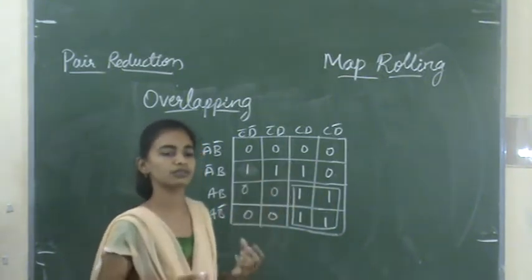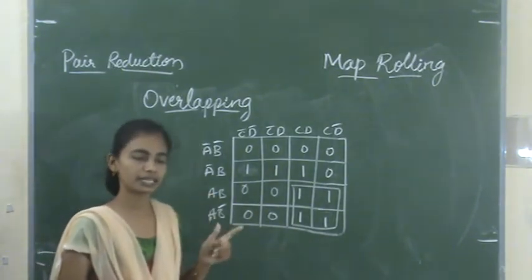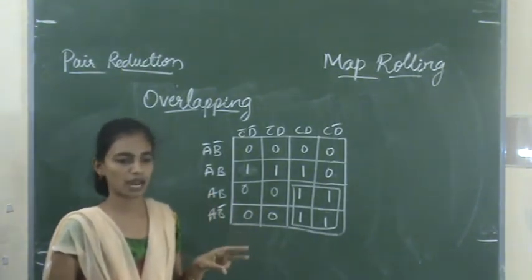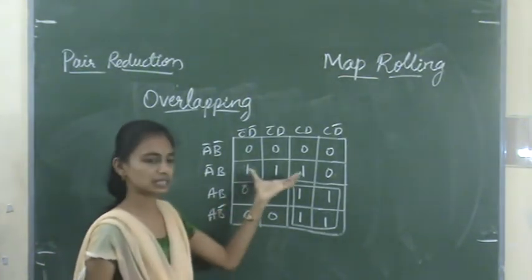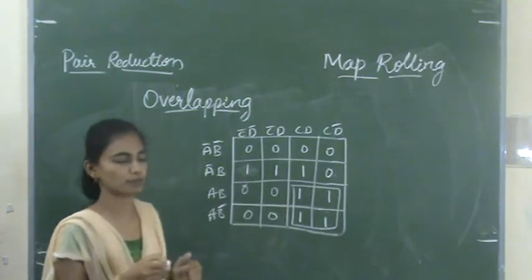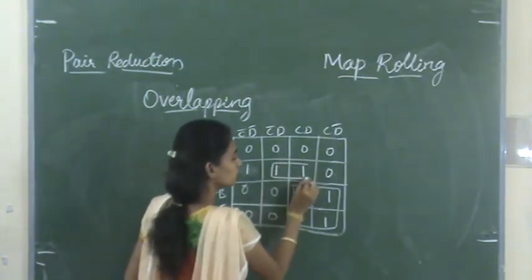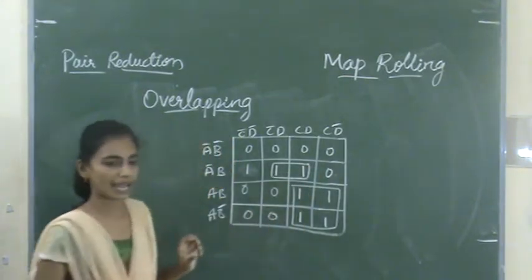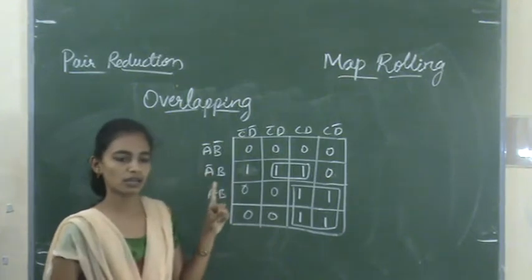Because we don't have that type of technique. We have only octet, quad and pair, and then map rolling. So we cannot encircle these 3 together. I can make these 2 a pair, and we are left with only 1.